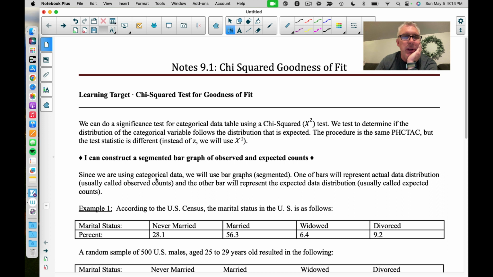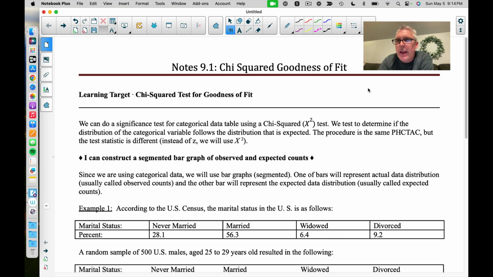This unit, we're going to look at categorical data, and we're going to basically run a test to see if the data that we're getting with our sample is close enough to the population data for us to agree with it. If it's too far away, then that would make us think that maybe the population data is wrong. That's what we're going to do. We're going to run through the test. It's going to look real similar with a couple little differences.